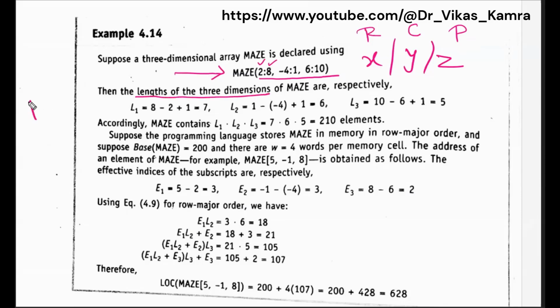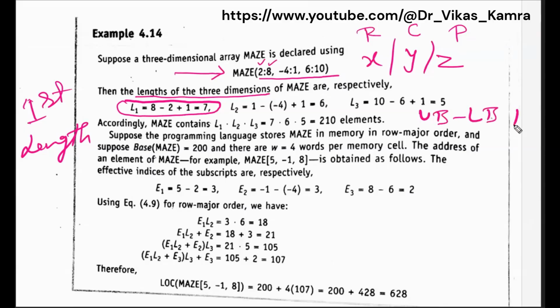So the very first task in this three-dimensional array is to find out the length of each dimension. The formula to find the length of a dimension is upper bound minus lower bound plus 1. You need to remember this formula: upper bound minus lower bound plus 1.